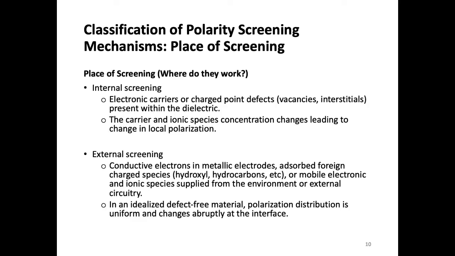Now let's think about the place of screening. So where do these screening charges work? What is their workplace, right? Then we can classify the workplace into internal screening and external screening. When we say internal screening, electronic carriers or charged point defects like vacancies and interstitials are present within the dielectric.